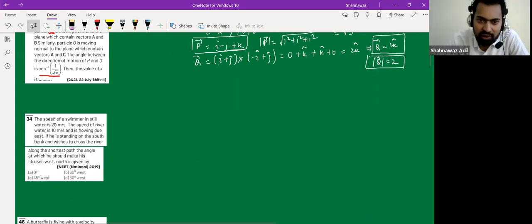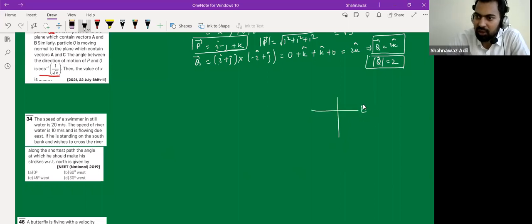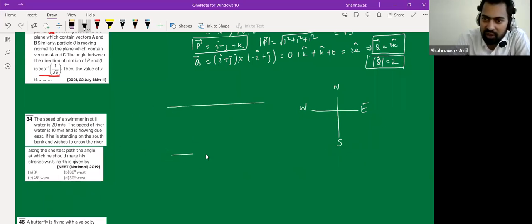So the speed of a swimmer in still water is 20 meter per second, along the shortest path. The speed of river water is 10 meter per second and it is flowing due east.